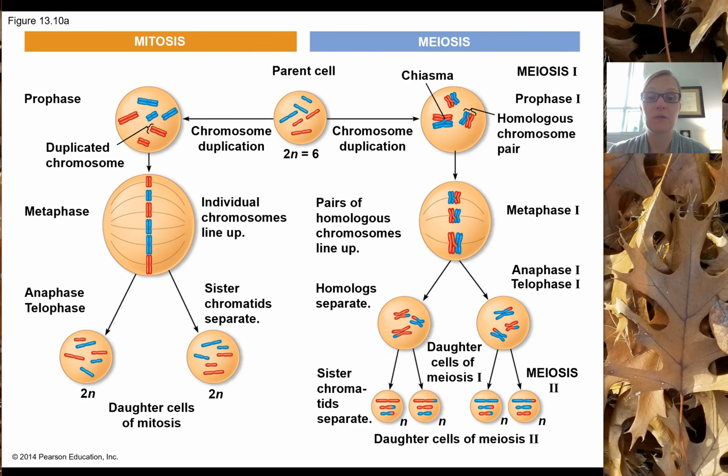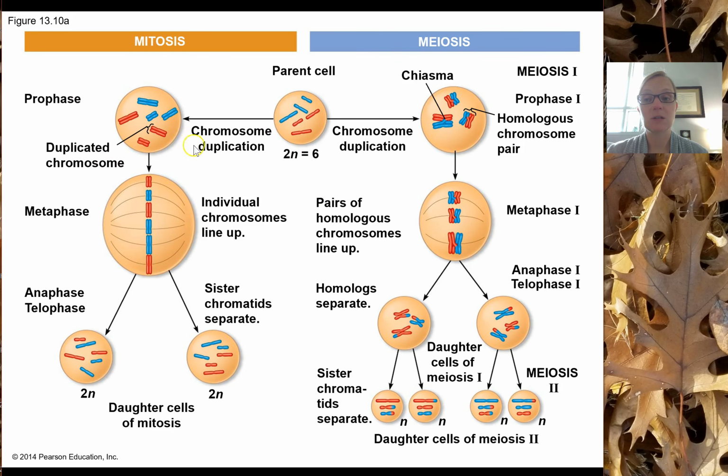This is a really good figure from your textbooks that allows you to follow the exact same diploid parent cell through either the process of mitosis or the process of meiosis to see how the 2 processes differ. Right? So in both cases, this parent cell will have to replicate its DNA before it goes either into mitosis or into meiosis.